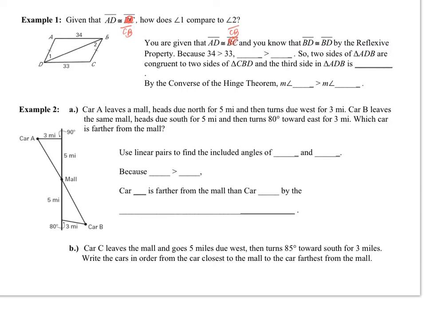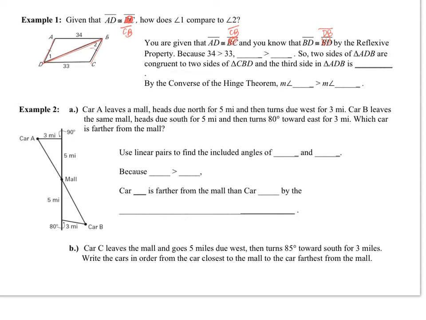In example 1, given that segment AD is congruent to segment CB, how does angle 1 compare to angle 2? You're given that AD is congruent to CB, and you know that BD is congruent to DB by the reflexive property.